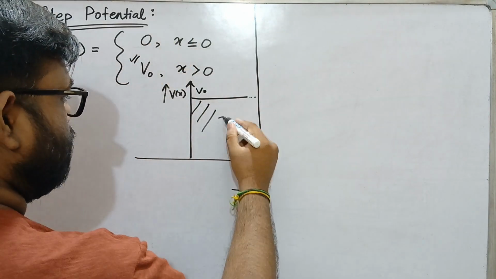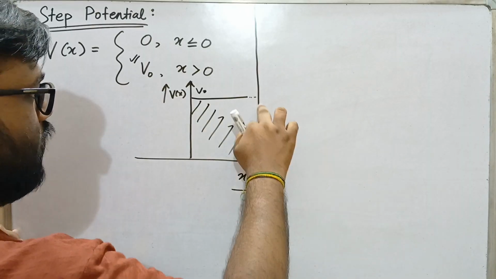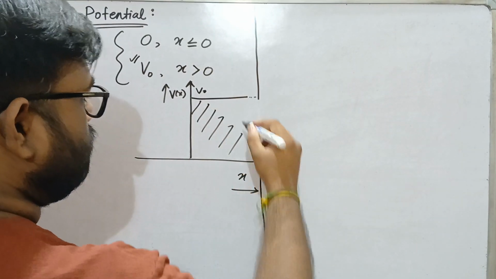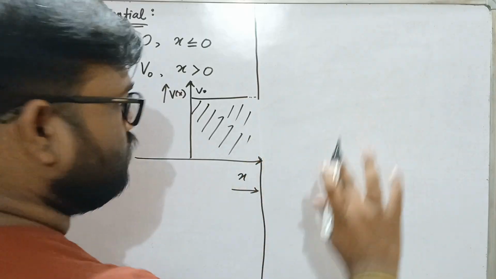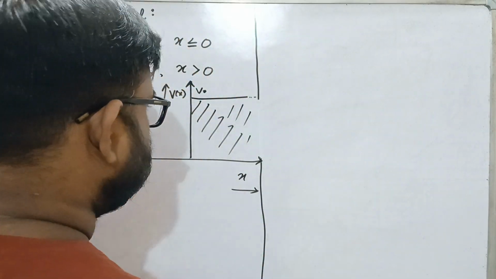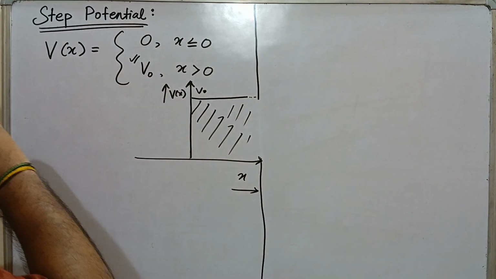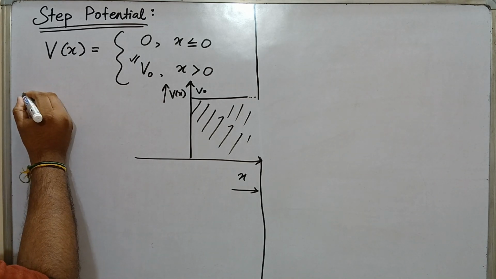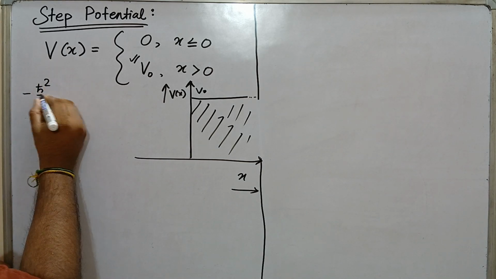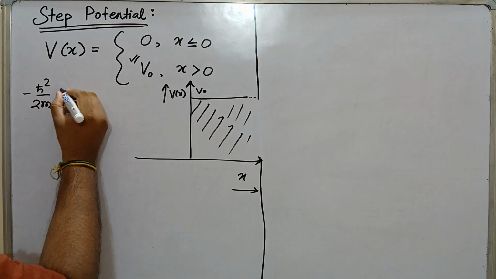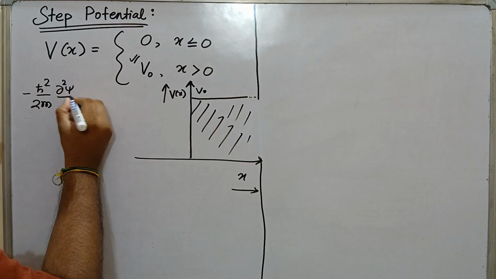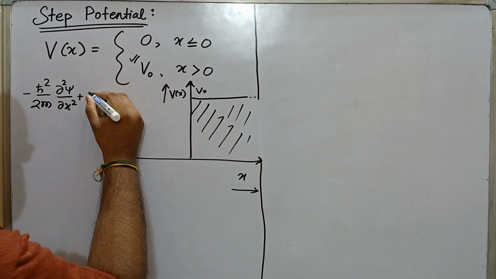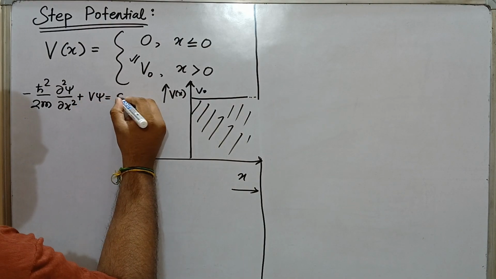So now this is your potential. Don't get fooled by this line. There is no end to this potential. In a step potential, there is no end. Now, what will happen? The very first thing we write is the Schrödinger equation, our very own, very simple.